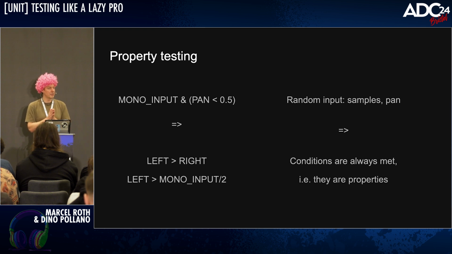And the left channel should also be louder than half of the initial mono signal, if you remember from the graphs we had and so on. So that would be properties of your pan function. And thereby those are conditions that are always met.